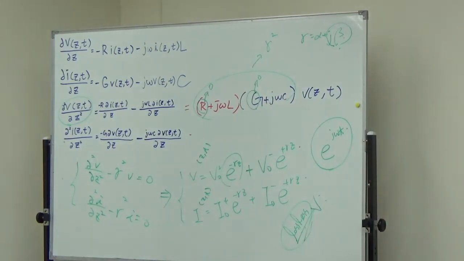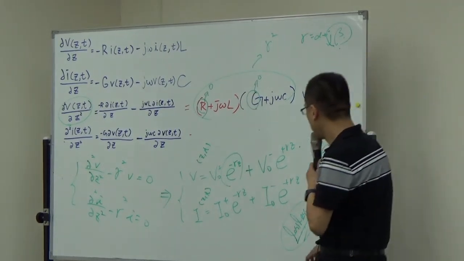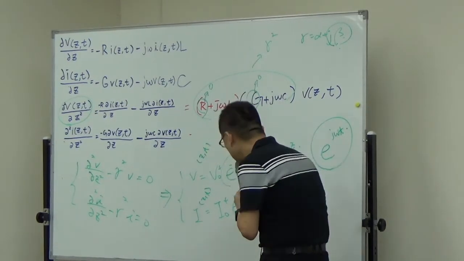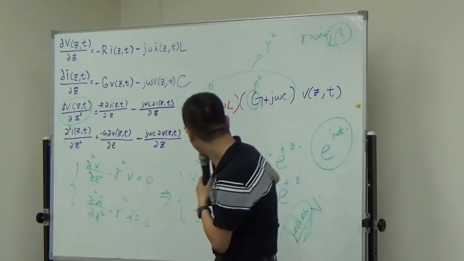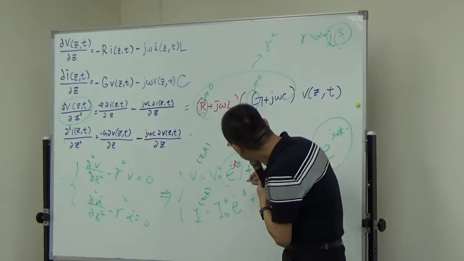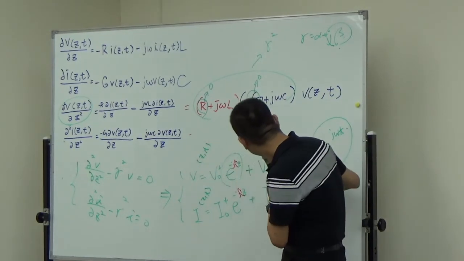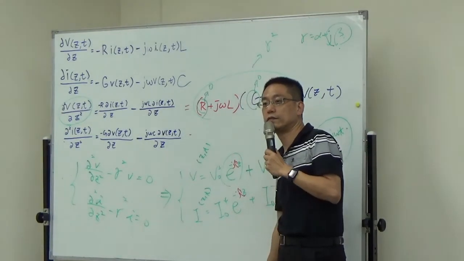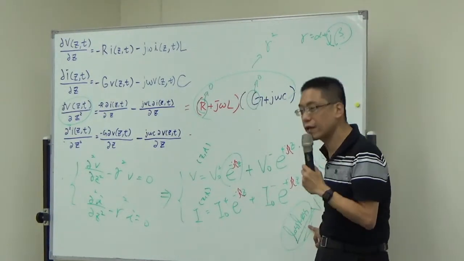Are we okay? So gamma equals j beta. Then our equation becomes easier, with j beta, if this is a lossless transmission line.